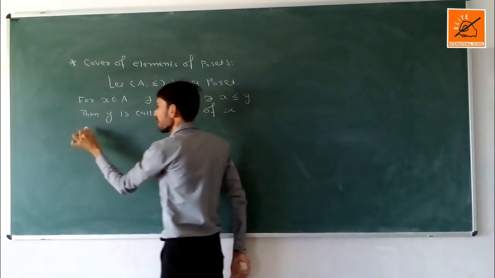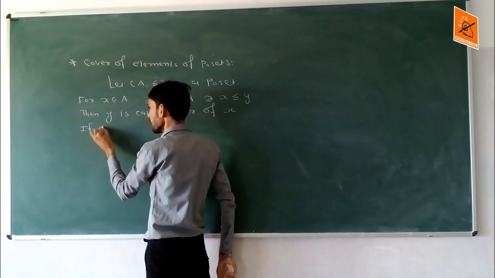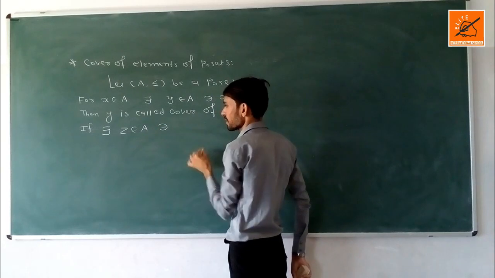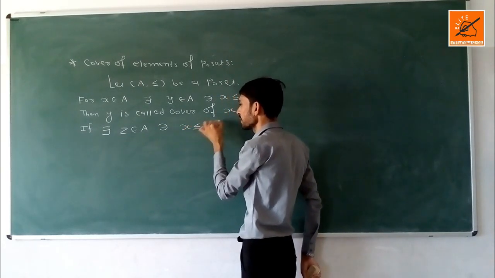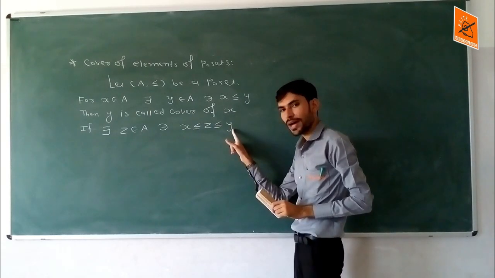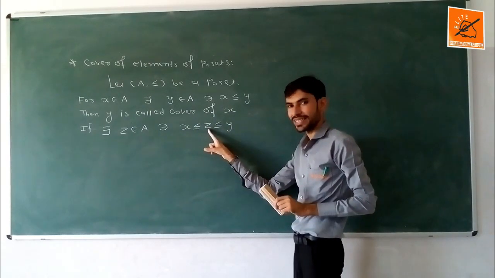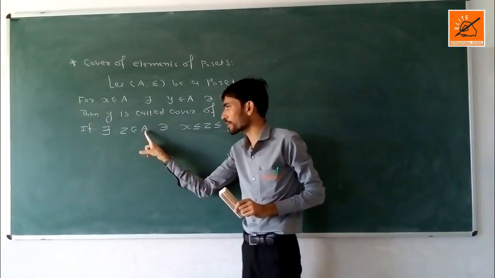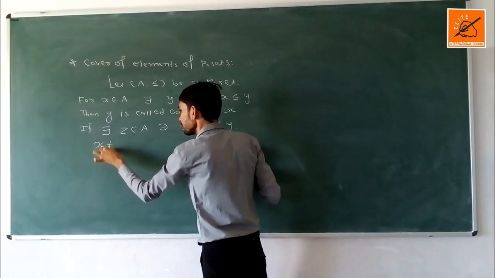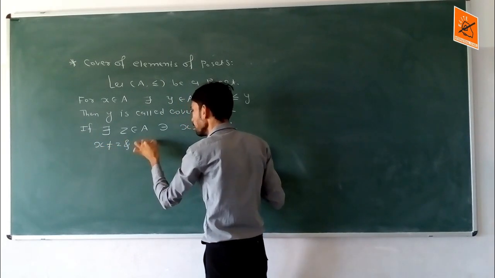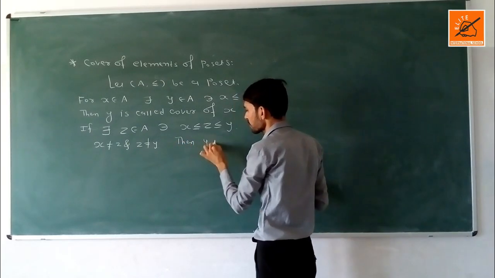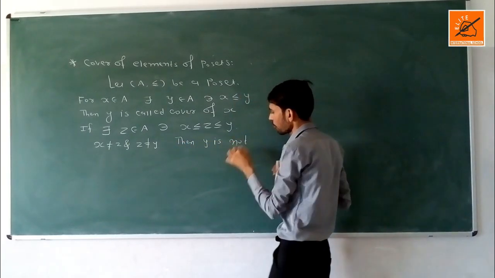In the second case, there exists z belonging to A such that x is related with z, which is related with y. So x is related with y, but via element z, and this element z is also in set A, where x is not equal to z and z is not equal to y. Then y is not a cover of x.